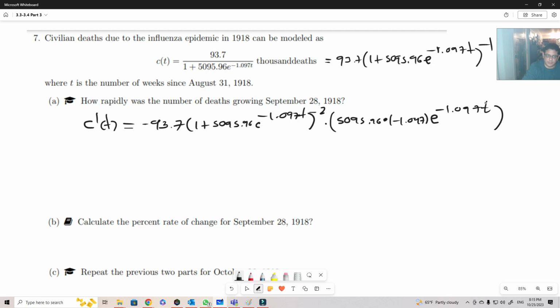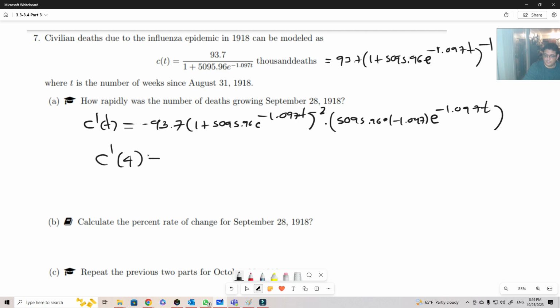Now we take the number of weeks since August 31, and we want to check September 28. The number of weeks since August 31 will be 4.